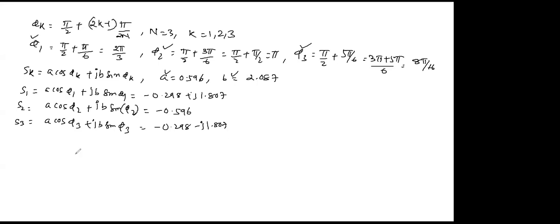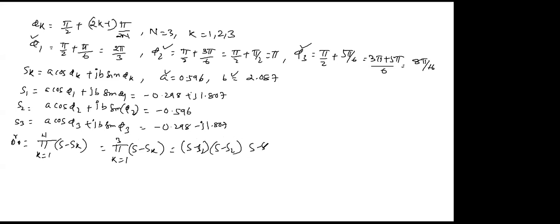After getting S1, S2, S3, your next is the denominator. Your denominator is the product, k equals 1 to n, of s minus sk. That is k equals 1 to 3 of s minus sk, that is s minus s1, s minus s2, s minus s3. If you do this, you will get s plus 0.596.